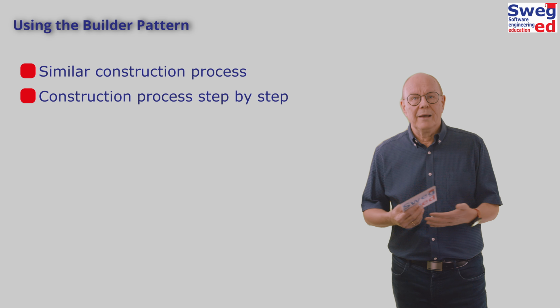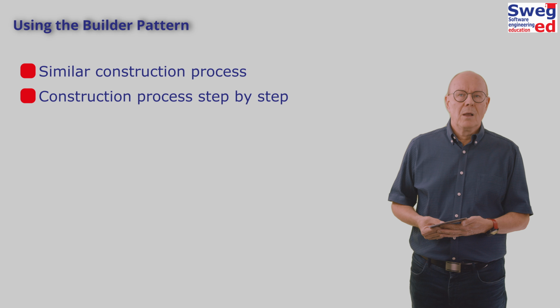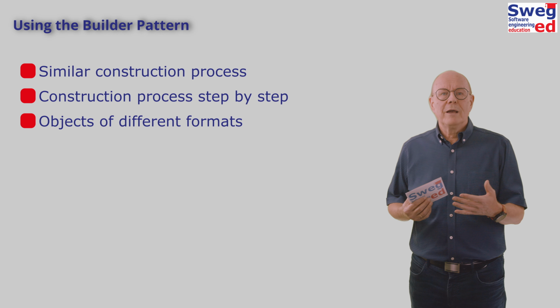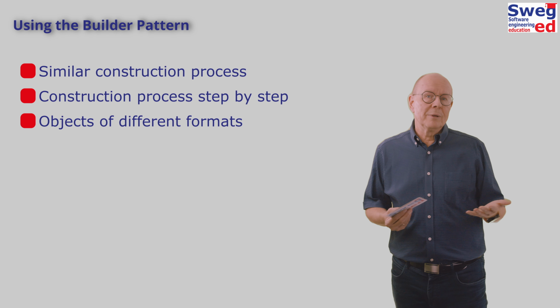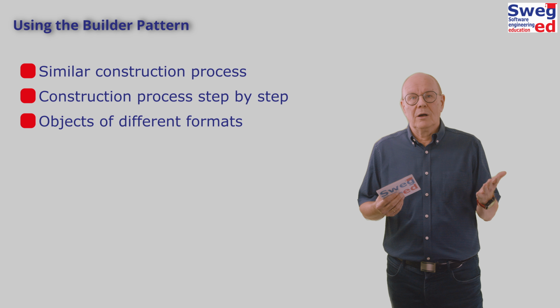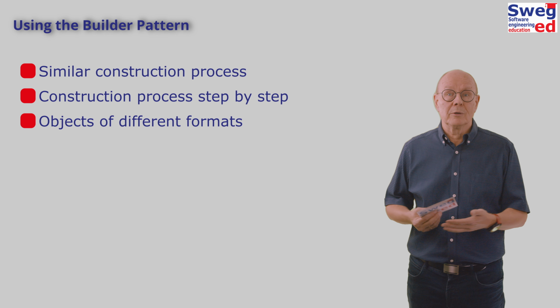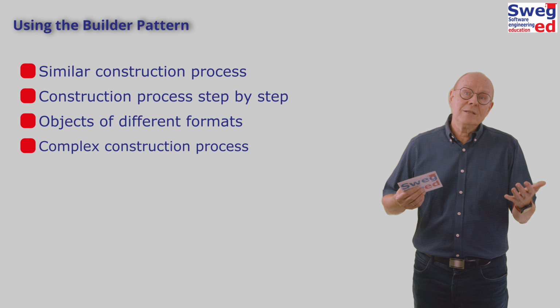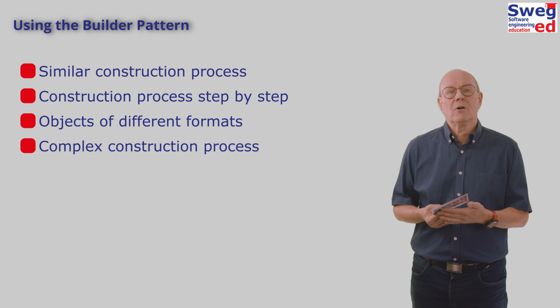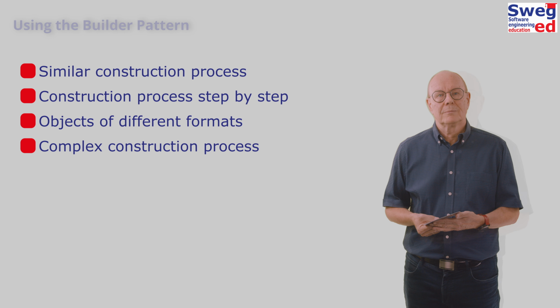That also applies to the addresses. Or when you have to build objects in different formats, not only formatted strings, but files, streams, and so on. And you can use it for any object with a complex construction process.